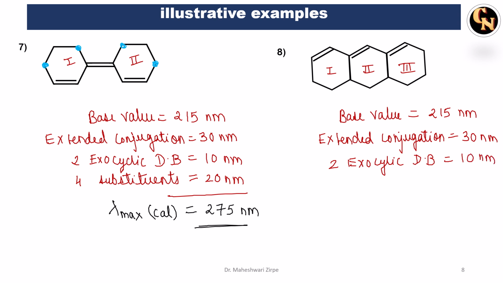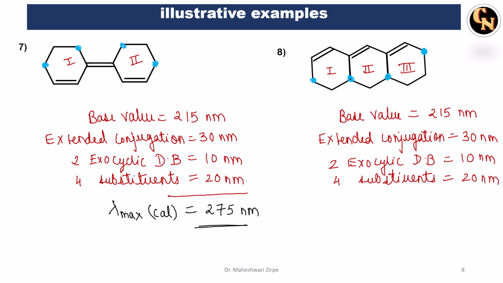And one more thing is we have to calculate the substituents. 1, 2, for this double bond there is 3, and for this double bond this is 4. So in all there are 4 substituents. Correct? 5 into 4 is 20.